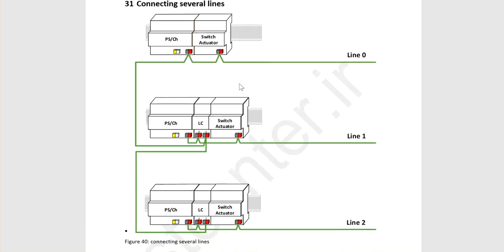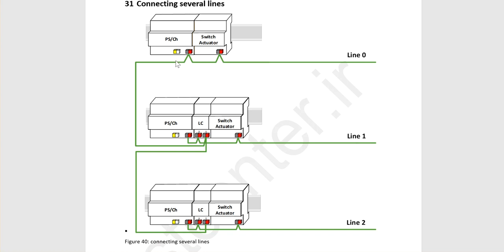So this picture in the book provides us some very clear connection or wiring. This line 0 means the main line. In the main line, you should have the power supply plus choke, and also you can have some devices like switch actuators or any other devices.